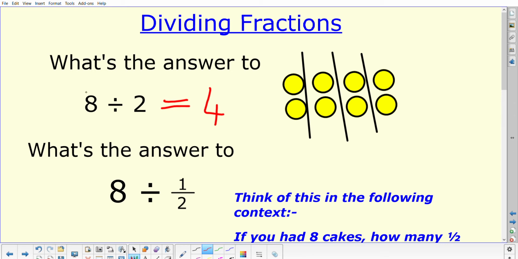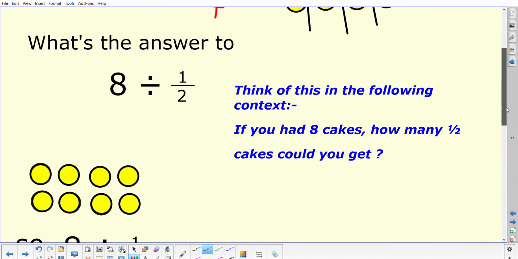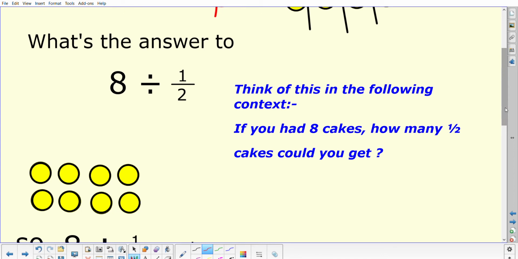But what if instead we were doing 8 divided by a half? So what would the answer be here? So what we need to think about to help you understand what the answer to this is going to be is, imagine these wee yellow circles here represent 8 cakes, how many halves can I make out of 8?